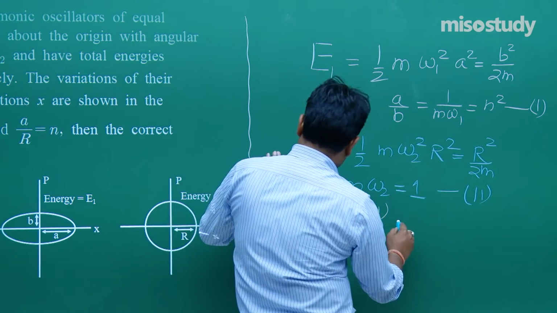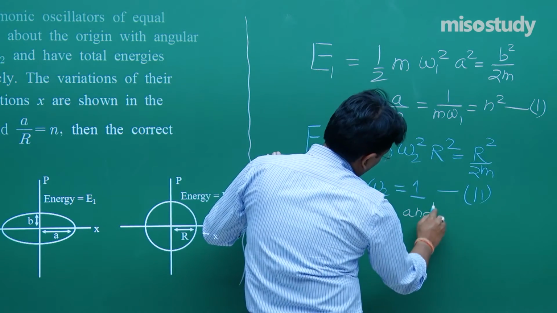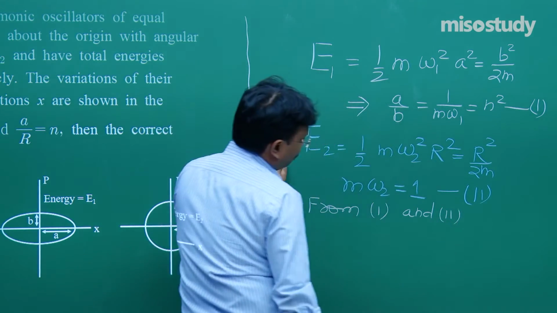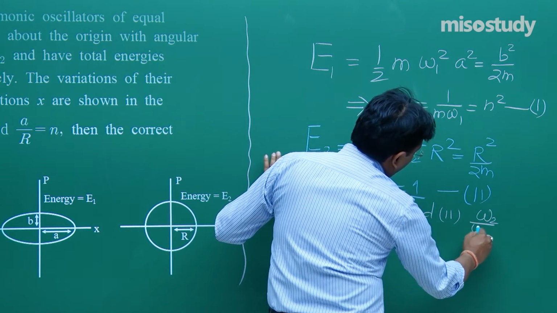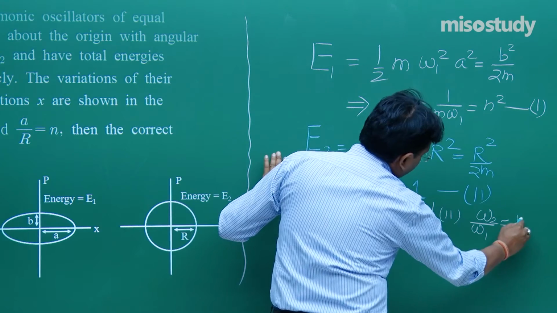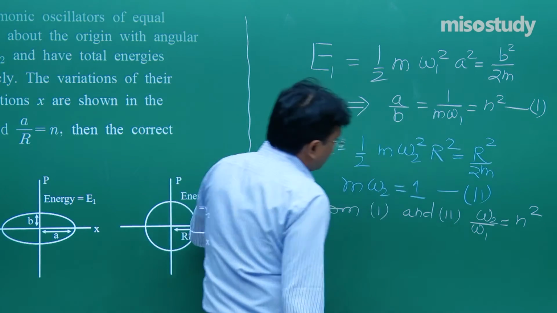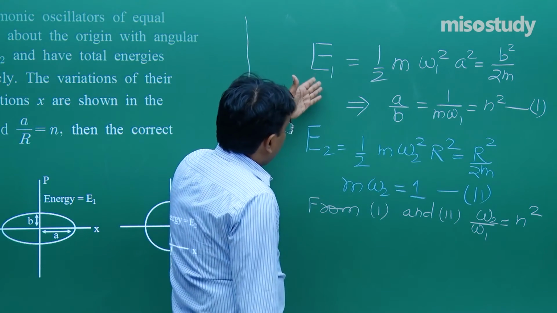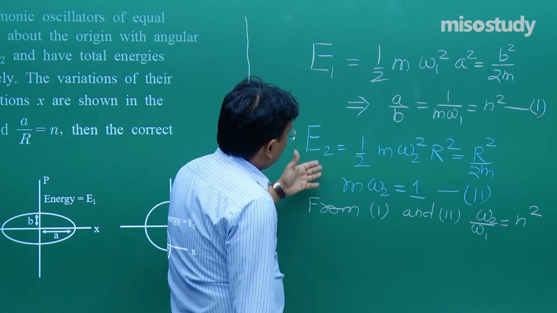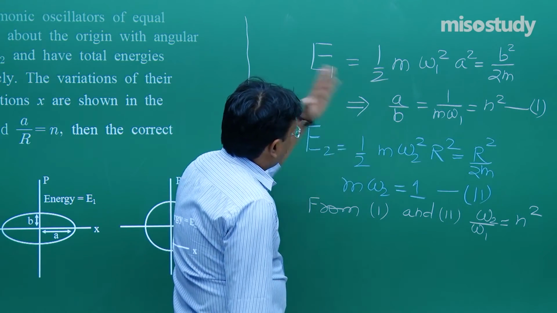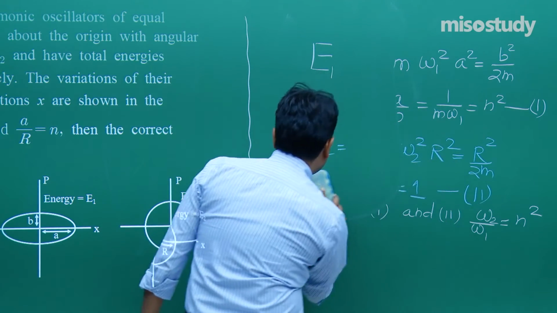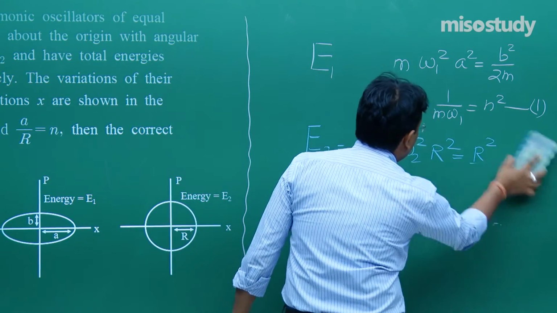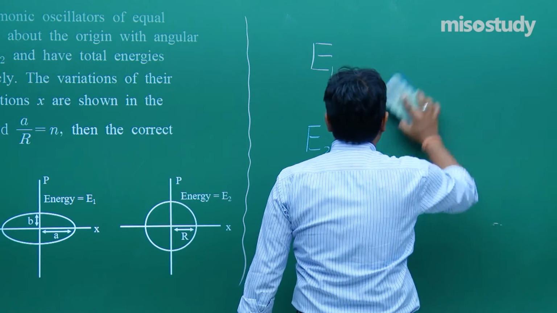From 1 and 2, omega 2 upon omega 1 is equal to n square. Now use the values: E1 upon E2 is equal to omega 1 upon omega 2. So let me write down these values. I will not erase E1 and E2 because I have to put the values in these relations.